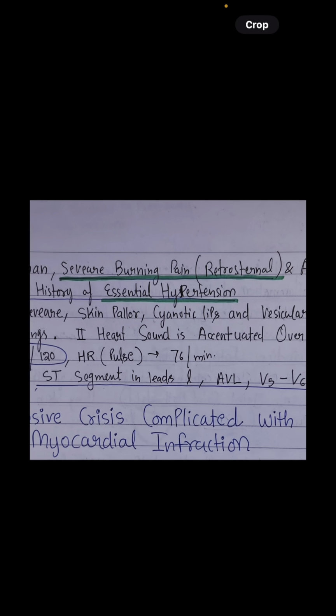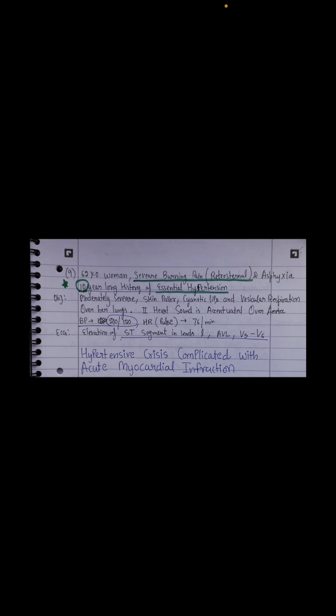The next case is also a patient who complained about retrosternal pain and a 10-year-long history of essential hypertension. And we see changes in the ECG: ST segment elevation in leads AVL and V5 to V6. What complication has arisen in the patient?